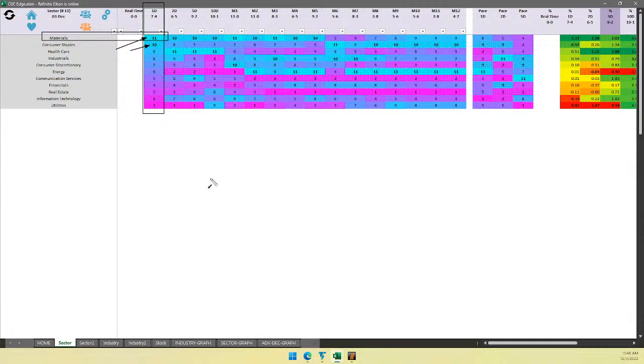Interesting, isn't it? Materials is non-defensive, but consumer staples is defensive. They both came to the top. Somewhat mixed signal if you think of the sectors that are defensive versus non-defensive. Let's look at materials. Why am I also looking at materials?